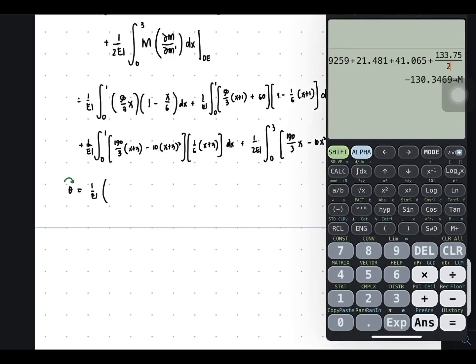So it's going to be the integral of 50 over 3 x times 1 minus x over 6. The limit is from 0 to 1. So it's going to be 7.407 plus the next term.